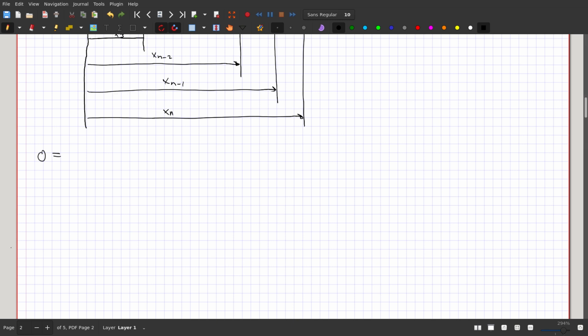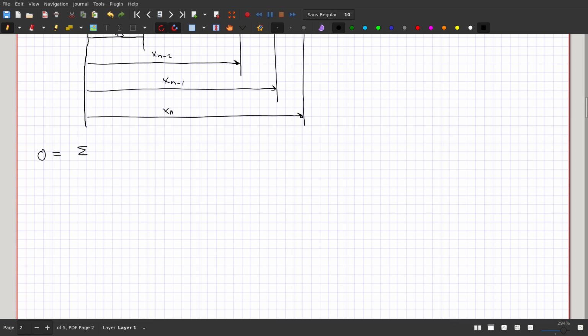So I'm going to have i goes from 1 to n minus 1, right? If there are n nodes, there are n minus 1 intervals, okay? Then the integral here will be from xi to xi plus 1.